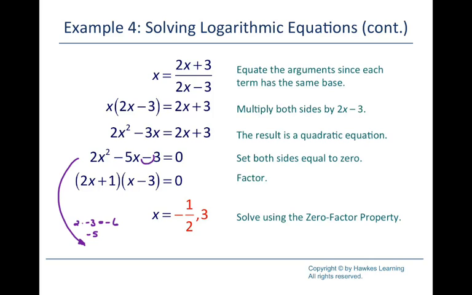But this sign tells me that the two numbers have different signs. When the second sign is negative, the signs of my two numbers are different. So minus 6 and a plus 1 are the two numbers that I'm going to use to add to be negative 5 and multiply to be negative 6. And so then you rewrite your equation, 2x squared minus 6x plus x minus 3.